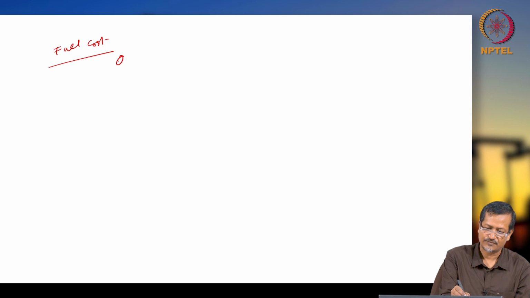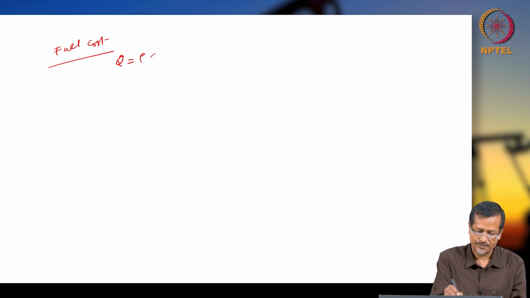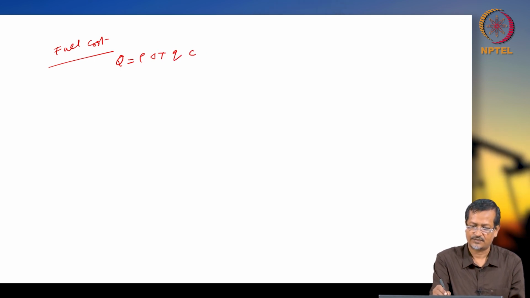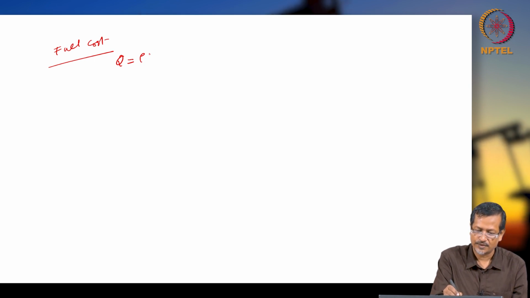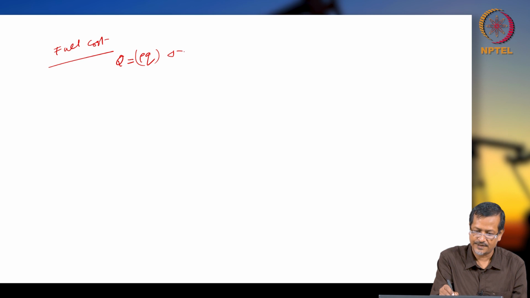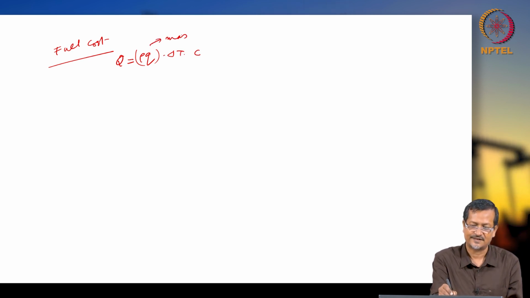Okay. So you know the heat calculation, rho, delta T, Q, C, or better I will write it in a different way: rho Q delta T C, MST. Rho Q means actually mass, right?